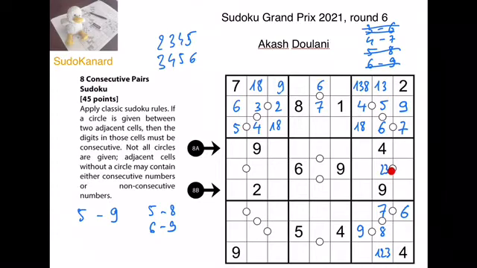And 3 here has no consecutive neighbor available, so it has to be a 2 together with 1 or 3. And this now can't be a 2 anymore. 2 has to be here. Here we need 4 and 5, and because of this, such are their positions. And now 2, 3, and 9.